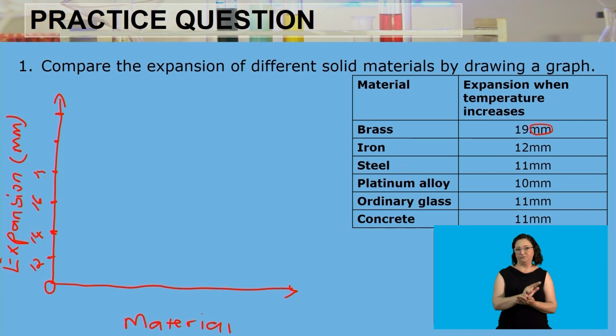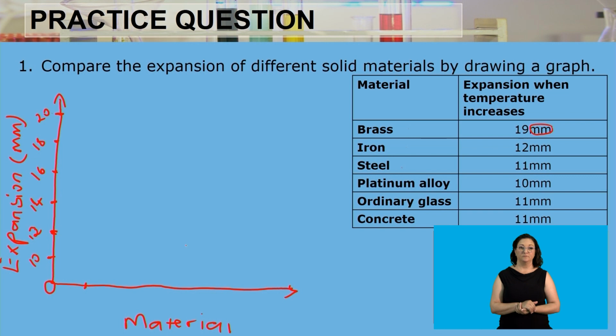In fact, you should be starting from 10 because our smallest number is 10. So we say 10, 12, 14, 16, 18, and 20. And then our different categories, we have brass as our first one.